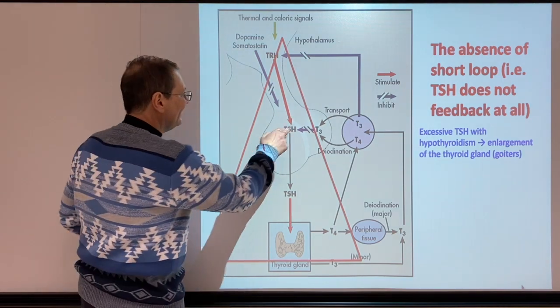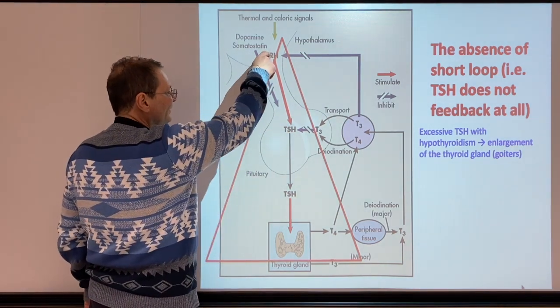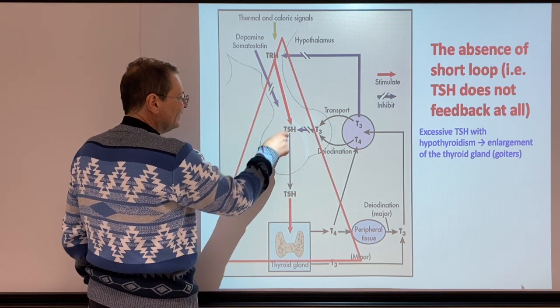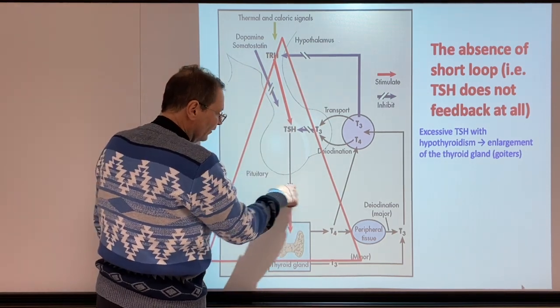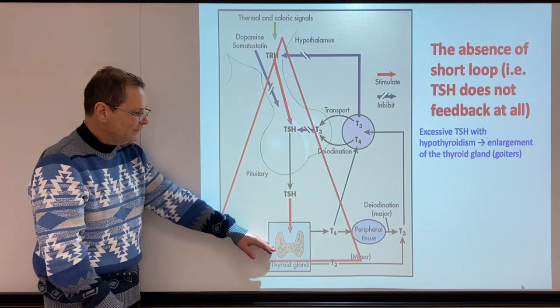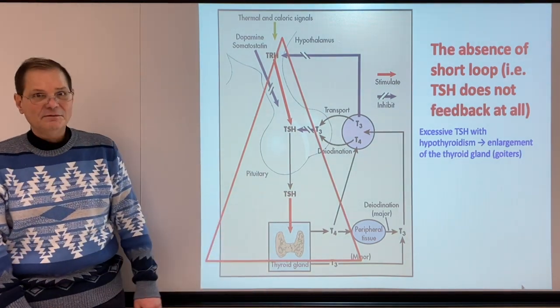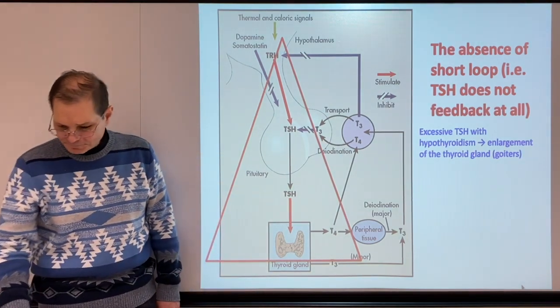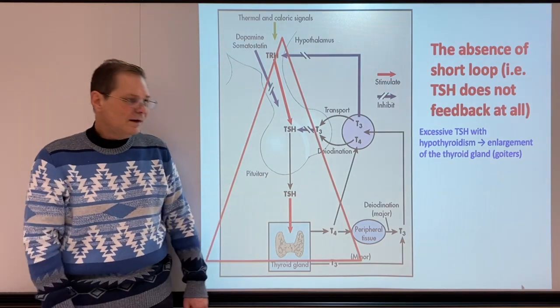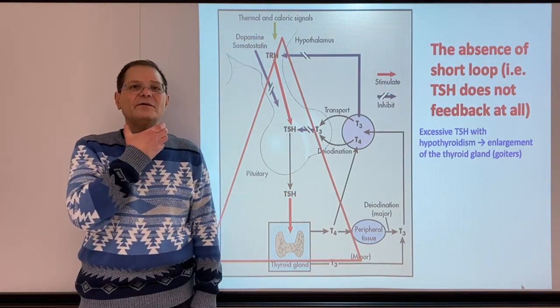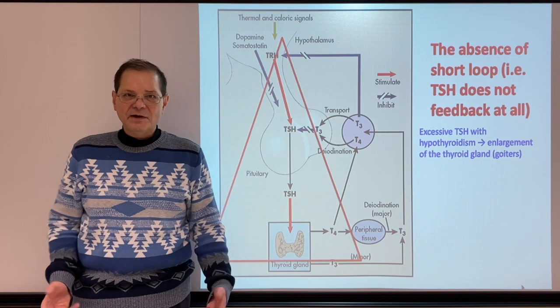It's because the TSH doesn't feed back to keep itself under control, and instead it goes wild and increases to big levels, and you get an increase in thyroid gland size. So bear that in mind. It's one of the reasons why you see goiters, big thyroid glands, with hypothyroidism.